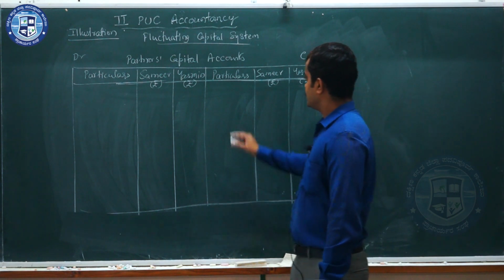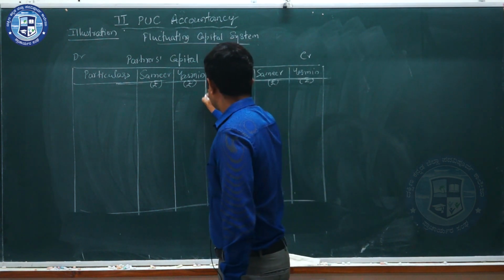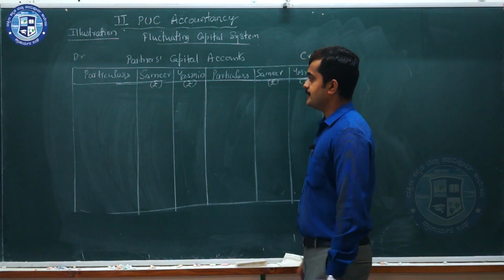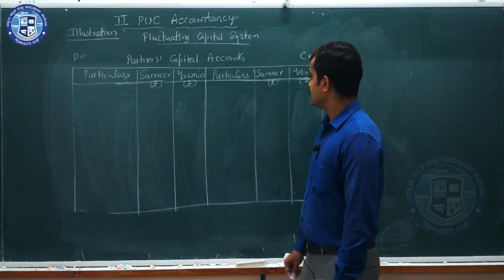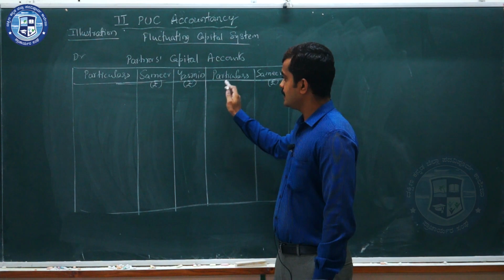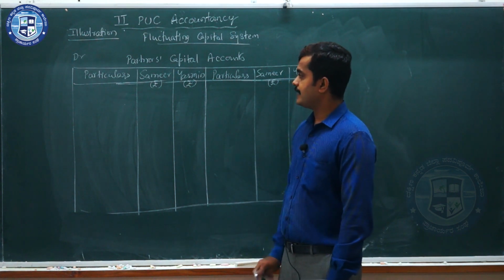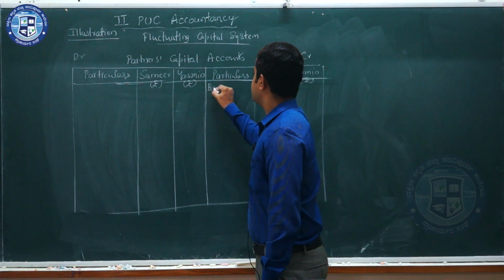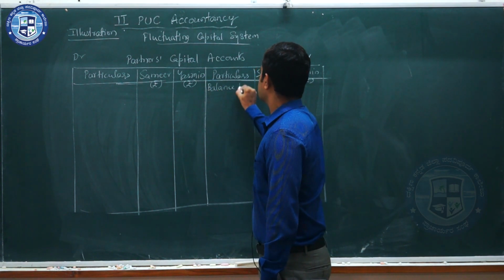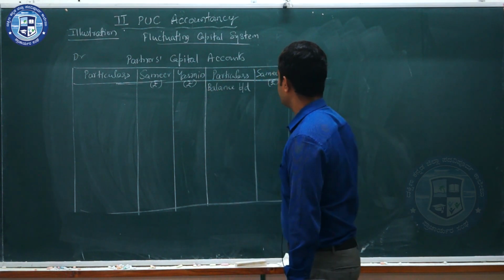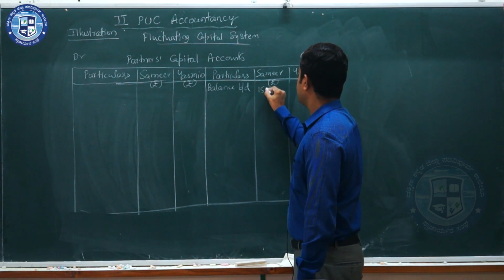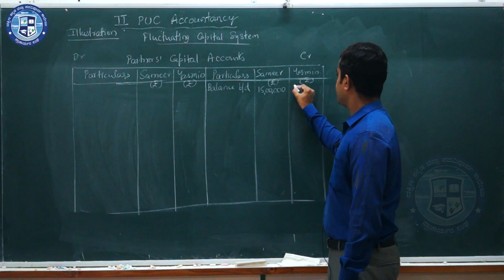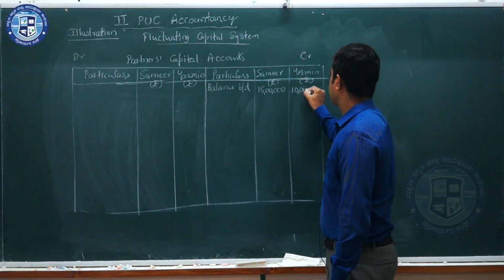We will record all transactions through their capital accounts now. First we have to write the opening balance of Samir and Yasmin as balance brought down. Samir has 15 lakh capital and Yasmin has 10 lakh.